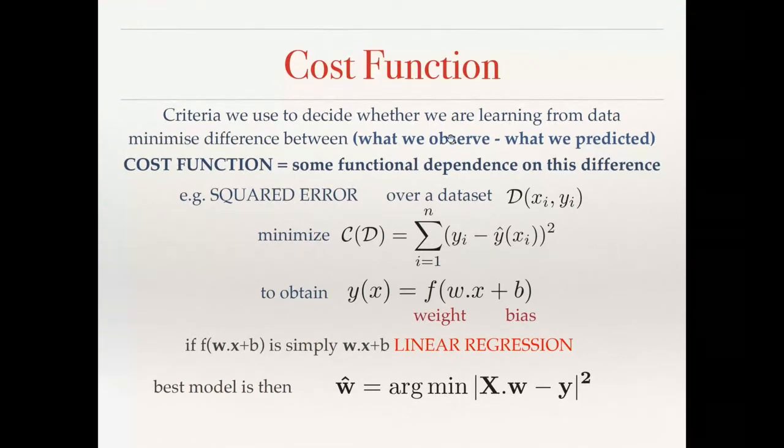A typical cost function will be a square error. So over a data set that has inputs and outputs, you try to minimize this cost function that is given by the observed outputs minus the predicted outputs that are a function of the inputs. And you put this square, and that's the thing you're trying to minimize.